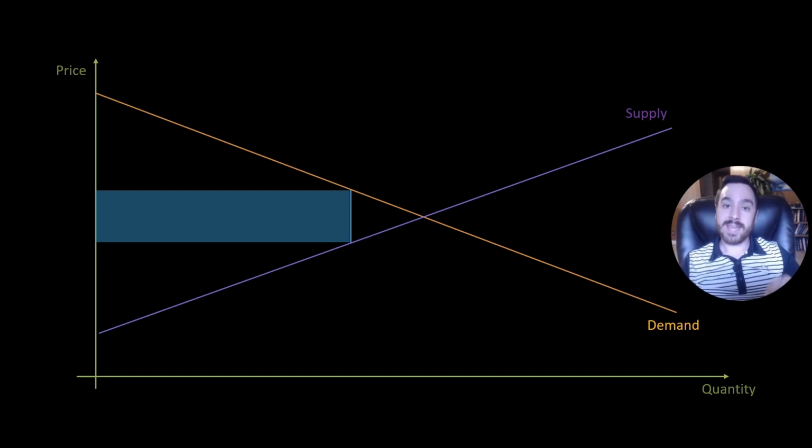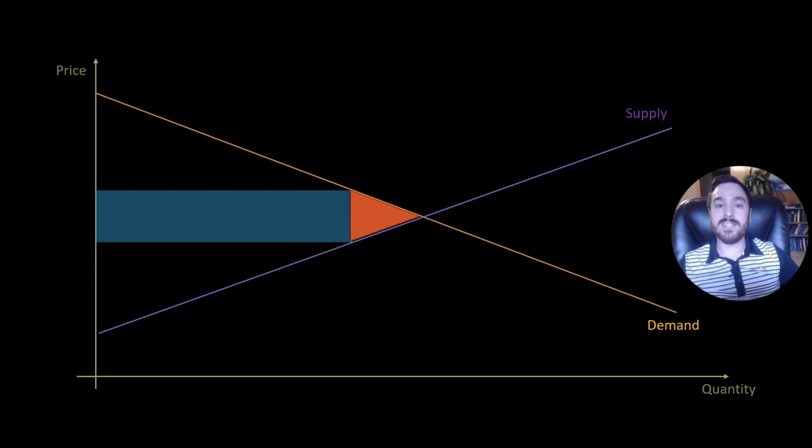One other thing we can see on this graph is this triangle here. And it represents something economists call the excess burden. What it is, is the loss that buyers see from the tax, from the higher price, and those who are now priced out of the market, and the loss that sellers experience from the lower prices they receive, including sellers who are no longer in the market, less the tax revenue.